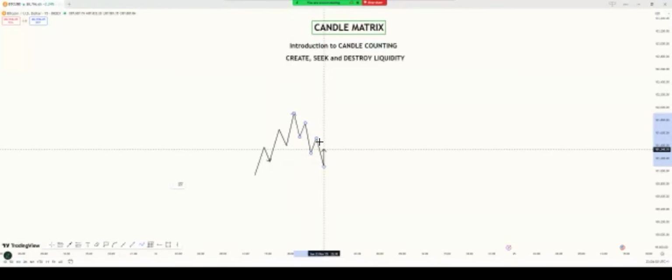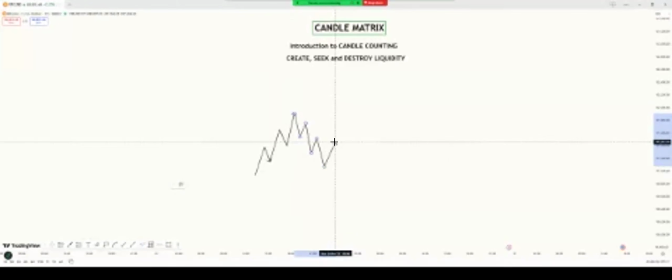Now, it's not every liquidity that has the ability to cause price to reverse, right? We understand that truly there is liquidity here, there is liquidity above this high, and also liquidity here. But this high may not have what it takes to cause price to reverse.